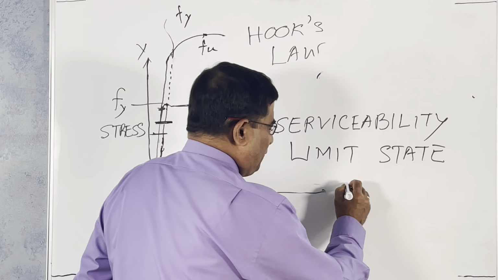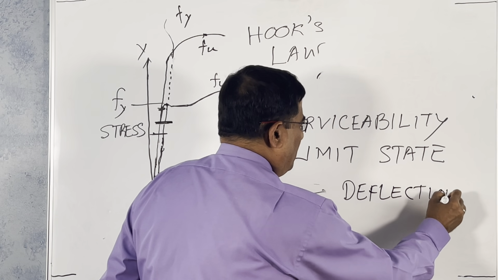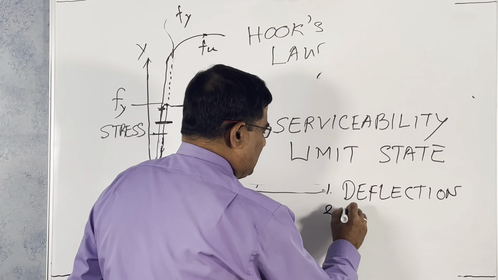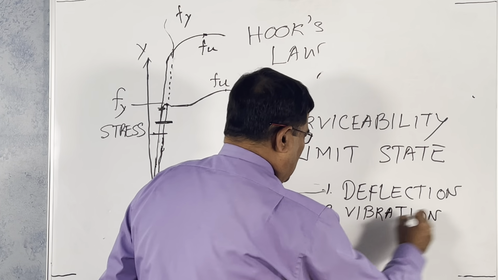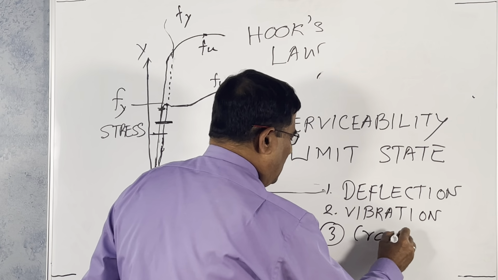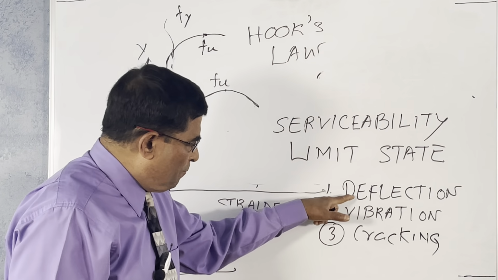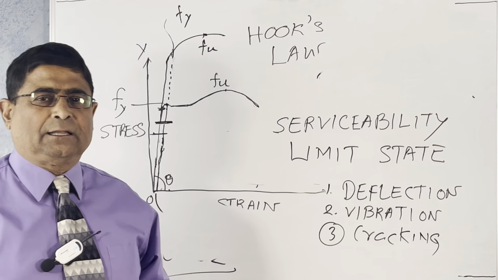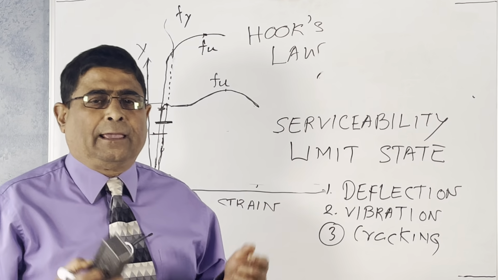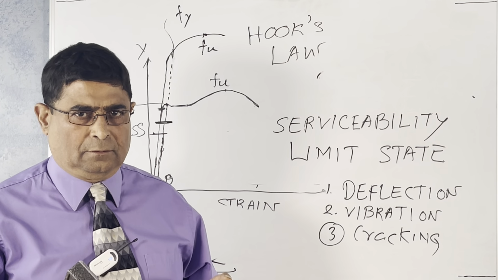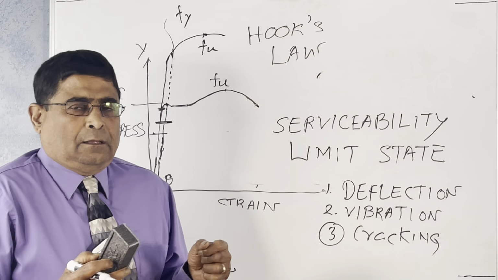Either it looks at the deflection, second is the vibration, and third is the cracking. So excessive deflection makes the occupant, or a person who is driving a car over a bridge, uncomfortable. Second, vibration also makes people fearful.